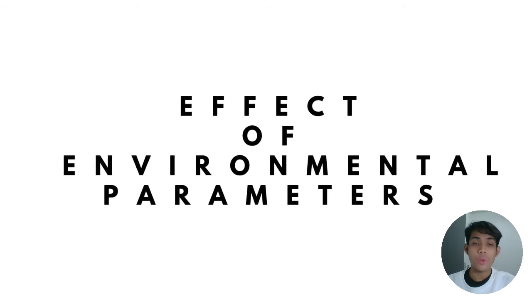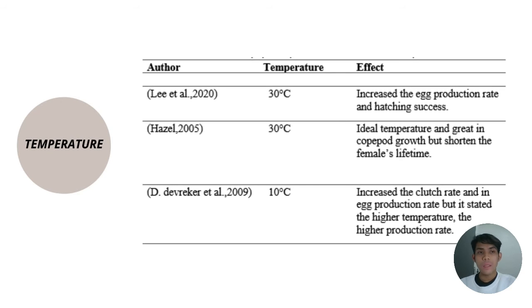Okay, so next we will move to the effect of environmental parameters. The first one is temperature. A study by Lee et al. in 2020 found the ideal temperature is 30 Celsius, with the effect of increased egg production rate and hatching success.